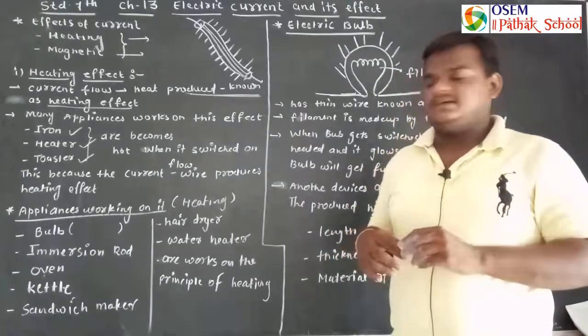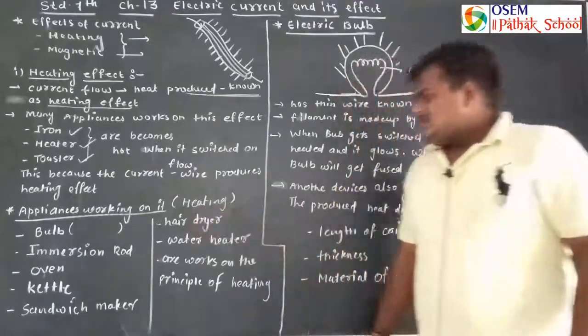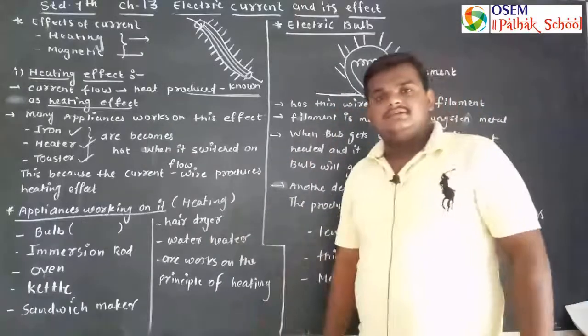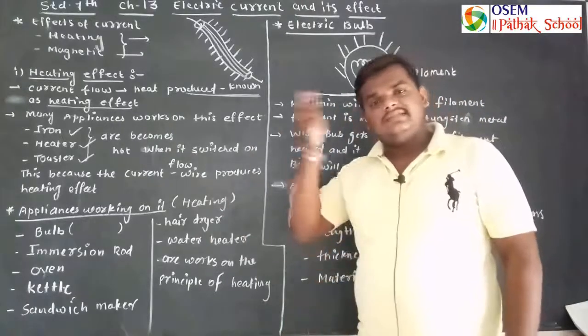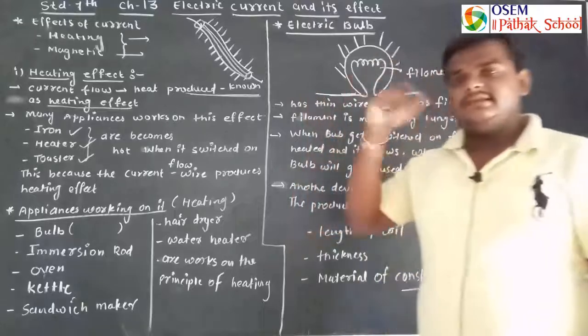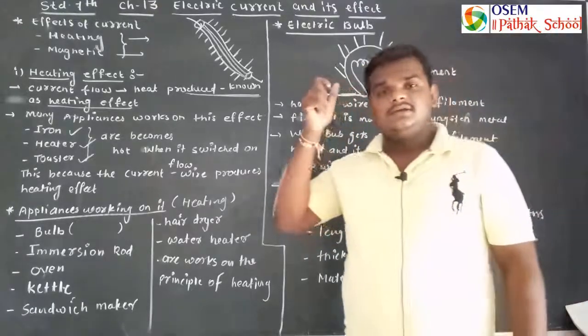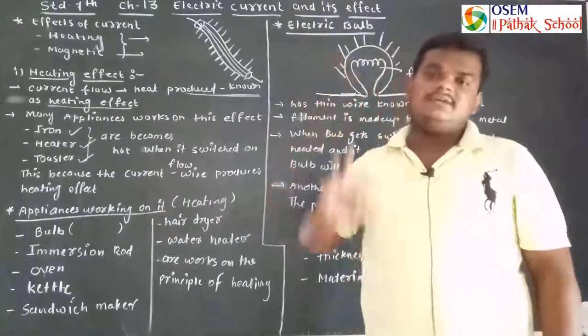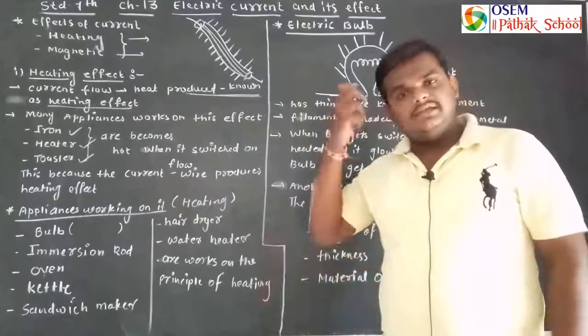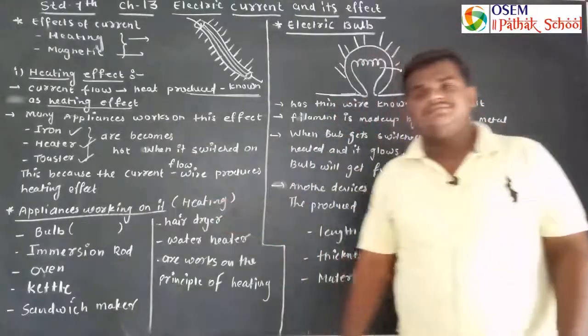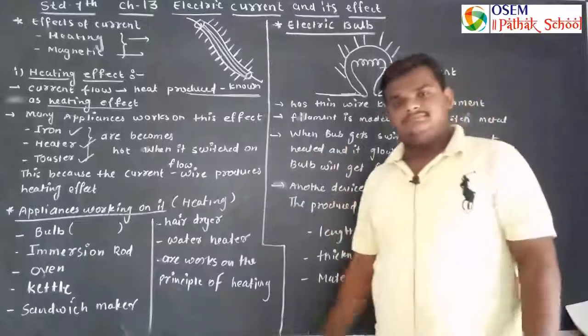Heat is generated there. Sixth one is the hair dryer. This is used for drying the hair. In the hair dryer, warm air comes from the inside due to the heating effect of current.